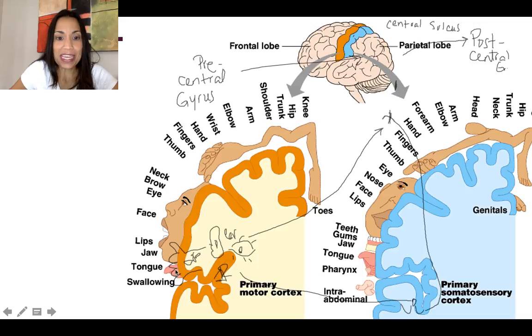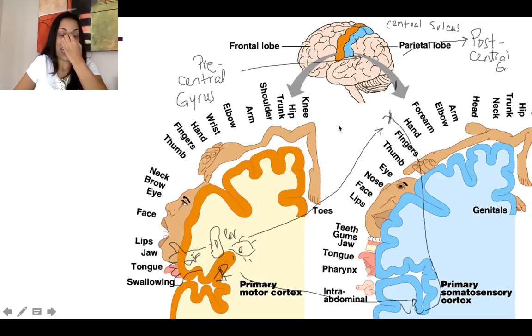So you can see parts of our body that appear bigger than others. For example, our lips, our tongue, the hand are maybe the biggest, and the face in general, the biggest part on this diagram.